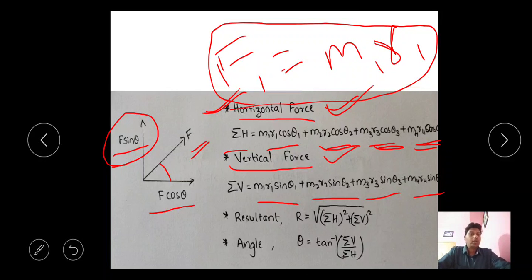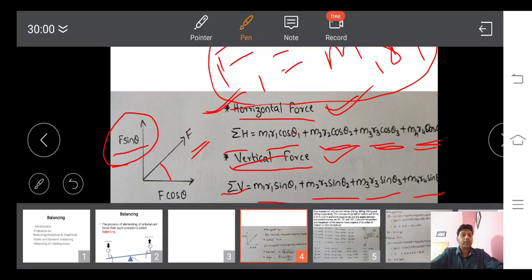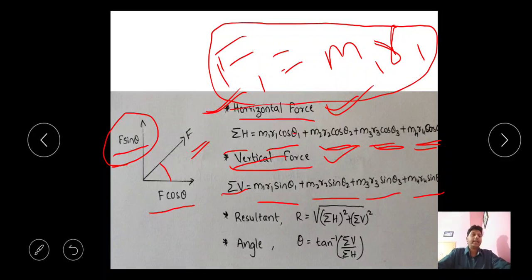Same for the vertical, that is delta V: it is M1 R1, and instead of cos you place sin theta 1. For the second, M2 R2 sin theta 2. Third, M3 R3 sin theta 3. Fourth, M4 R4 sin theta 4. So this is the horizontal and this is the vertical component.